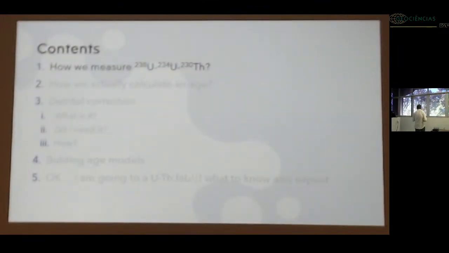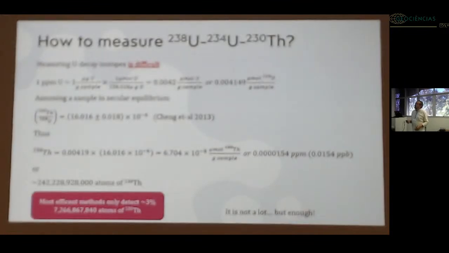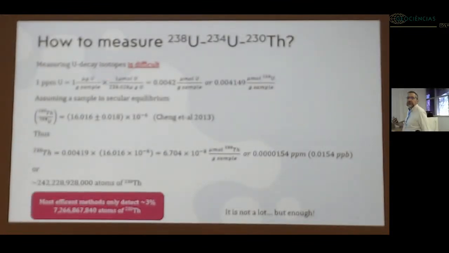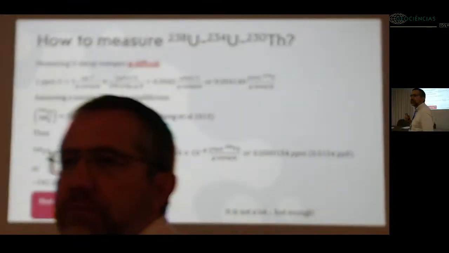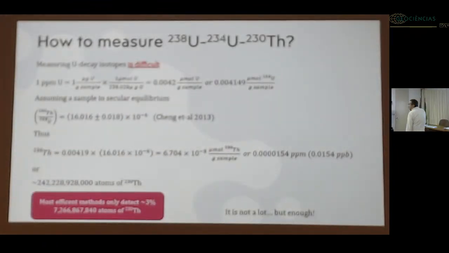So let's start with how we measure uranium isotopes and thorium. The truth is that measuring uranium decay isotopes is not easy, because uranium is not very abundant.